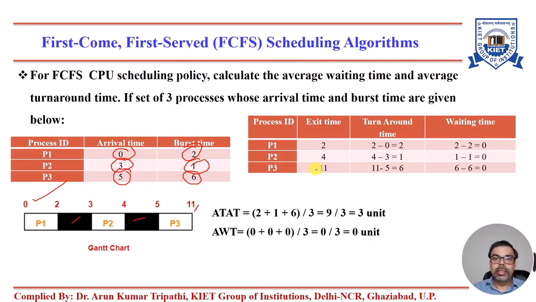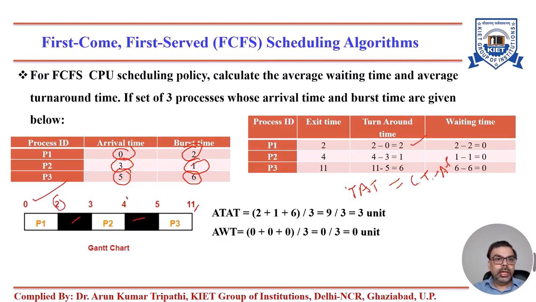Now how can we calculate the turnaround time and waiting time? As we have already discussed in the previous question, turnaround time is the completion time minus arrival time, or exit time minus arrival time. Completion time and exit time are the same; these are synonyms basically. So completion time for process P1 is 2 and arrival time is 0. So 2 minus 0 is 2.